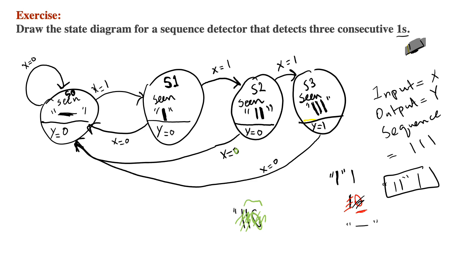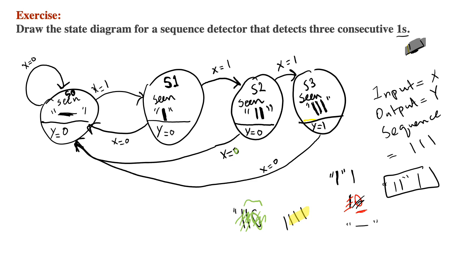Now what I have is a complete state diagram, except I need to take care of what if I receive a 1 and I'm at state 3. In state 3, what I have in memory so far is 1 1 1. So if I receive a 1, the recent 3 bits are going to be 111, and it is the actual sequence that I want.